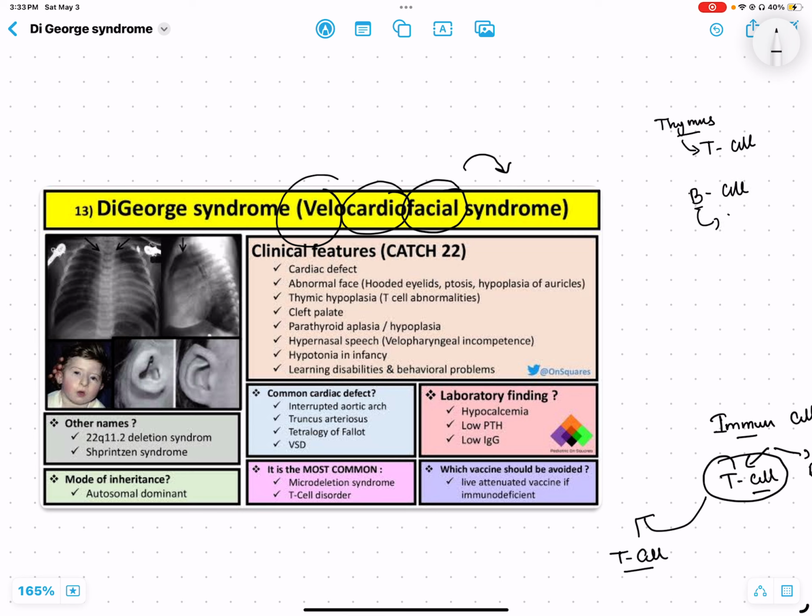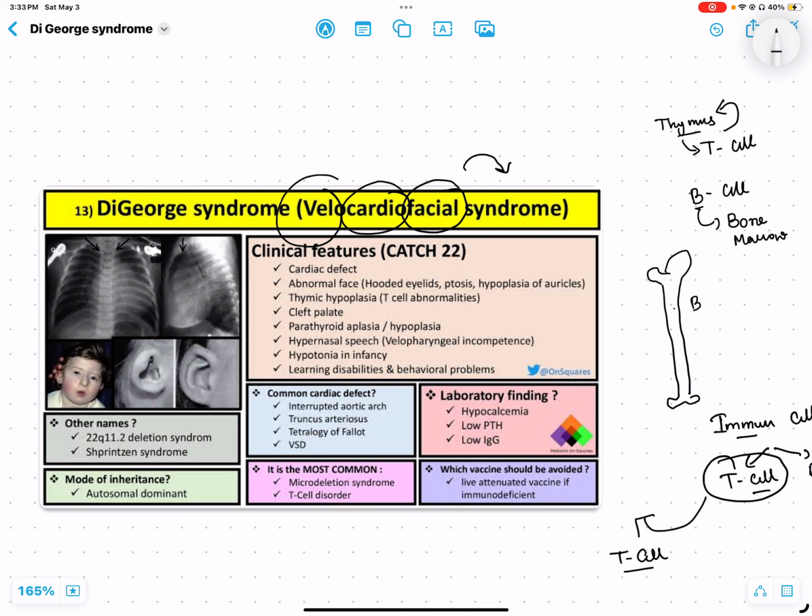That's the reason they are called B cells: B means bone marrow. T cells are called T cells because the T refers to thymus. But both cells eventually come from the bone marrow itself.